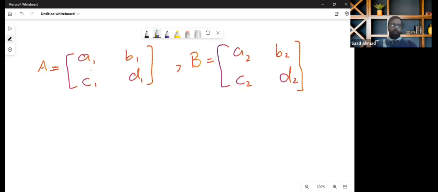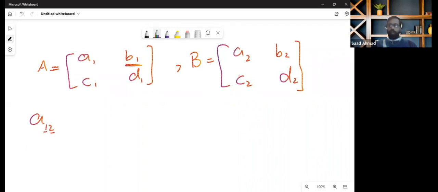First of all, let's see how we address any entry. Its address uses the small letter a with subscript ij. Let's say this one is a1,2, which means first row, second column.